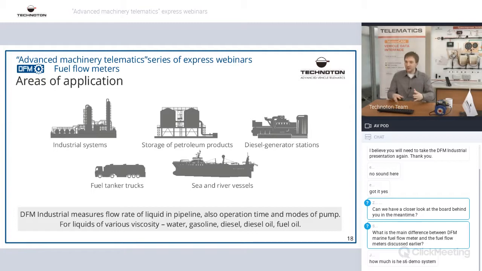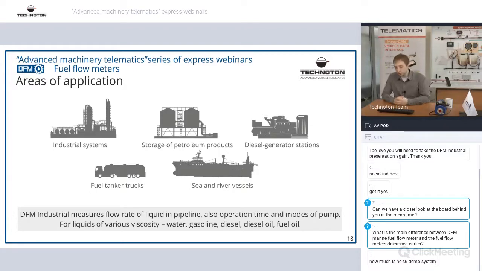If, let's say, we have DFM 7,000 Industrial and the maximum flow rate this flow meter can cope with is 7,000 liters, that means we do not recommend using this flow meter on an application where the flow rate is 11,000 liters an hour. On that application, it makes sense to use DFM Industrial 25,000, a bigger one.